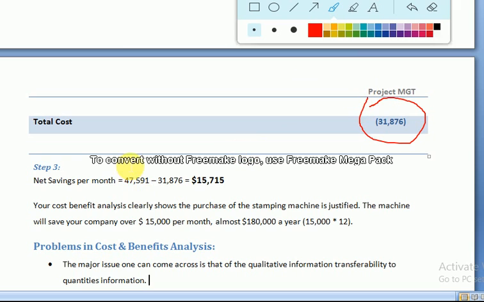So from these benefits we subtract 31,876. So what is the answer? 15,715, which is positive. So this is the savings of how much? Our net savings per month, 15,715.